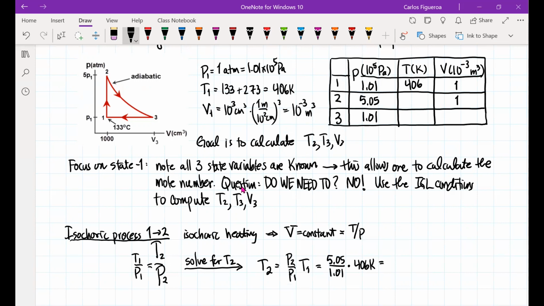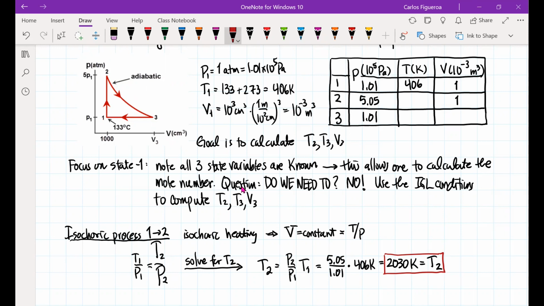When I compute that, I get 2030 Kelvin, and I now have the temperature at state 2. Now look at that. If I did the ideal gas law approach, I would have to do a calculation to get the mole number, and then punch in a bunch of numbers to actually get the temperature at that state.